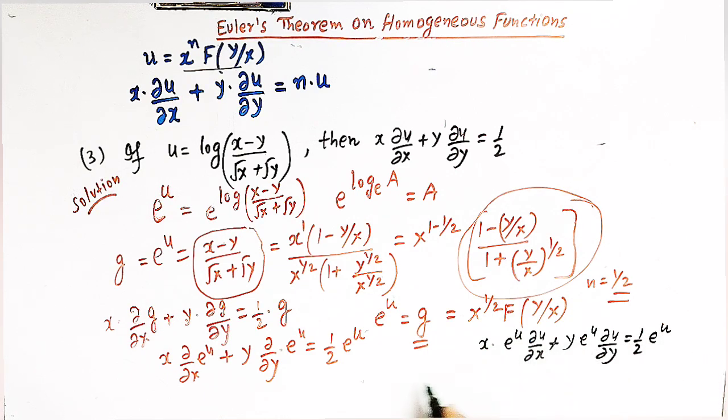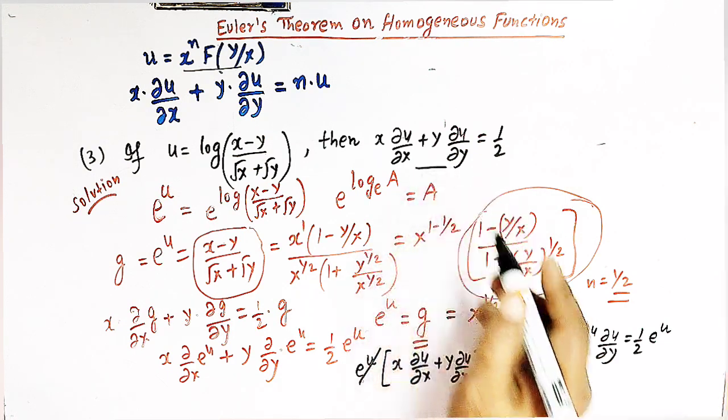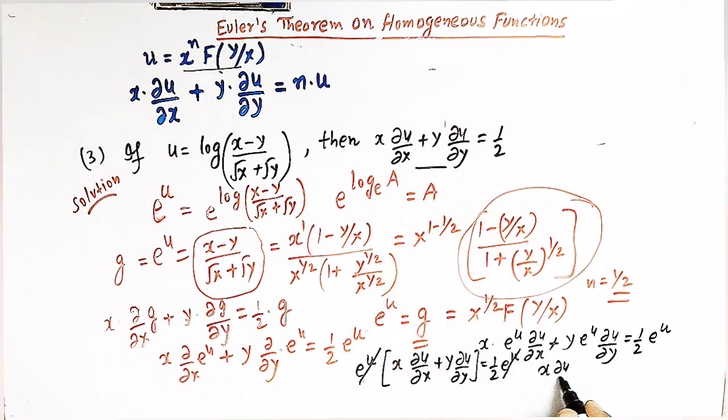Let us take e raised to u common. So we have x times del u over del x plus y times del u over del y is equal to half e raised to u. Now e raised to u and e raised to u get cancelled, and we get the desired result, that is x del u over del x plus y del u over del y is equal to half.